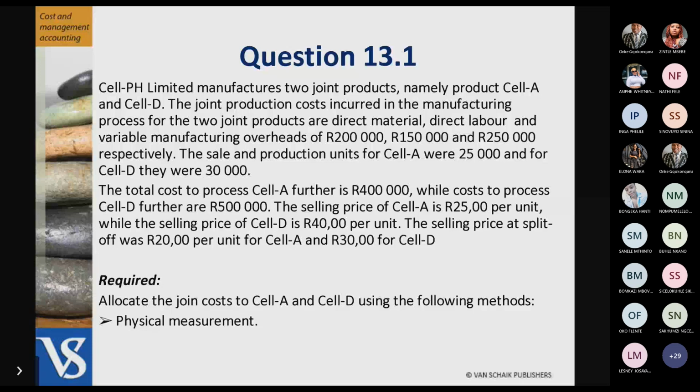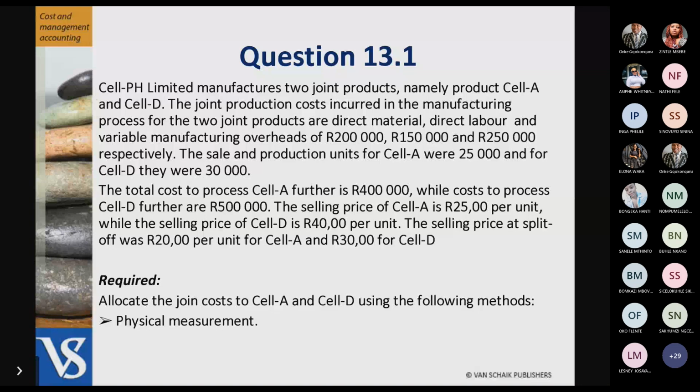The total cost to process Cell A further is 400,000, while the cost to process Cell D further is 500,000. The selling price of Cell A is 25 Rand per unit, while the selling price of Cell D is 40 Rand per unit. The selling price at split-off point, excuse me, was 20 Rand per unit for Cell A and 30 Rand for Cell D.